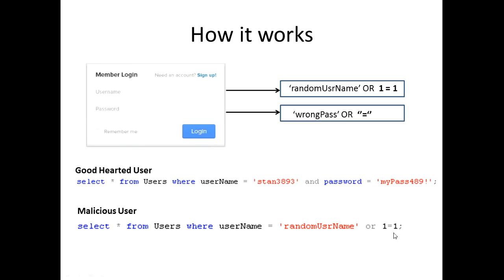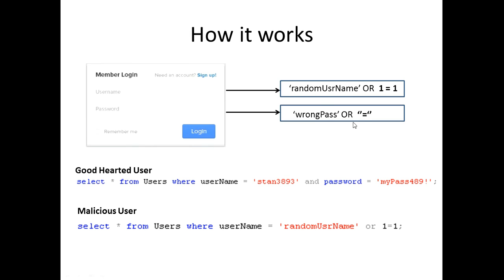The reason why is because this OR 1=1 is going to be true. So basically what it's saying is SELECT * FROM users WHERE username = 'random username', and if the username is not valid, then we want to say WHERE 1=1. So if all this is not valid, it's going to go to this other OR statement over here.